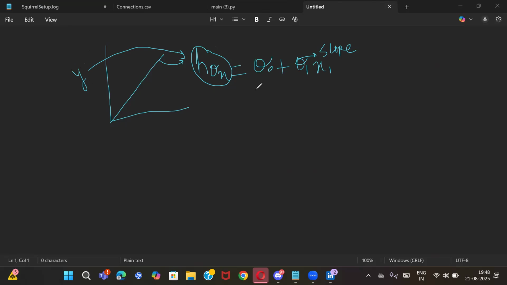So let's assume my theta naught is equal to 0, and my slope is equal to 1 here, right?